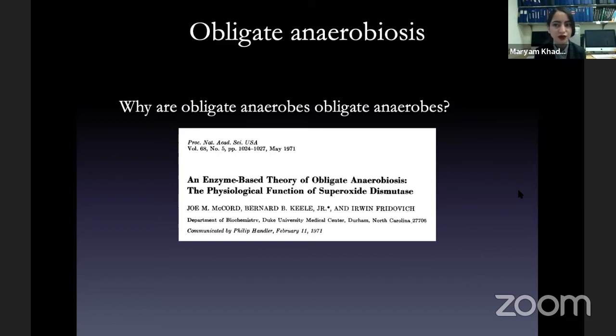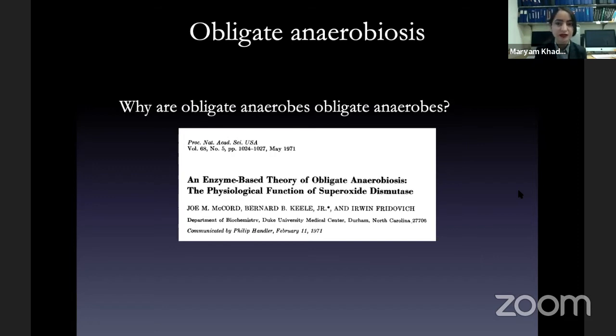If you remember, I mentioned catalases degrade hydrogen peroxide and superoxide dismutases degrade superoxide. What they came to was that these obligate anaerobes do not have catalases or superoxide dismutases.